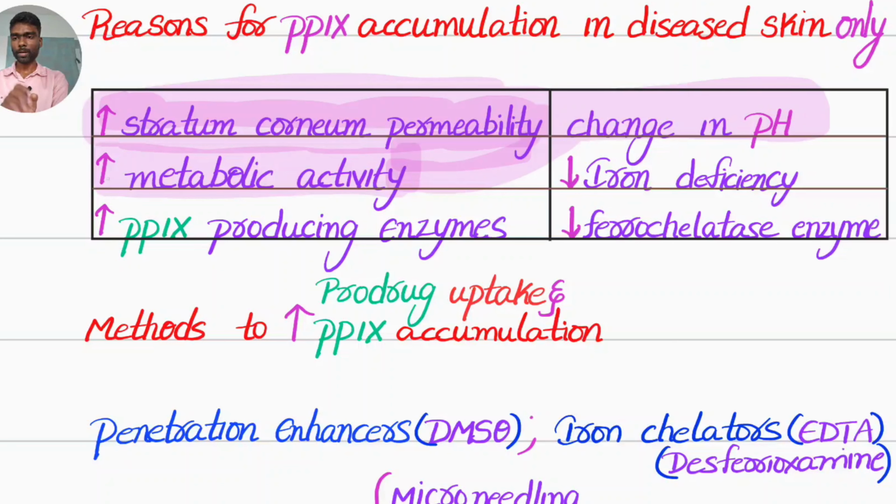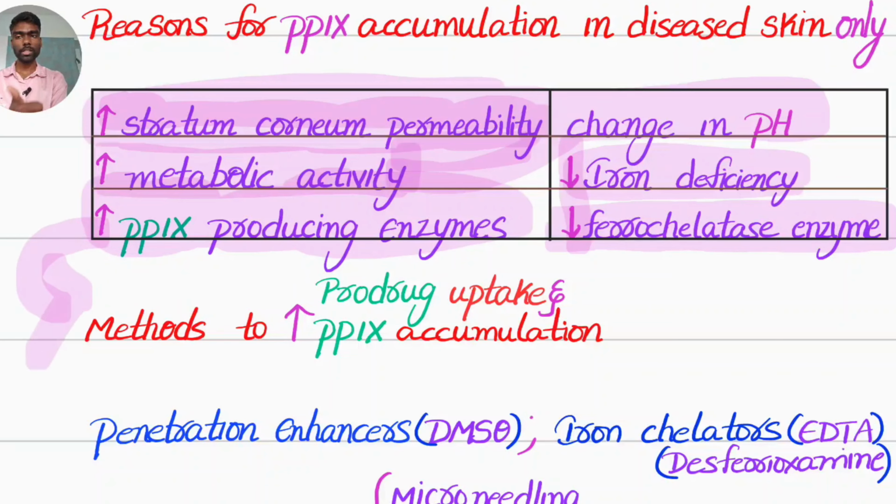Nothing is impossible in science. Now, cancer cells have more protoporphyrin 9 producing enzymes. So we are employing the heme cycle because of this reason. There is a reduced ferrochelatase enzyme. Iron is used by the ferrochelatase enzyme to convert protoporphyrin 9 to heme.